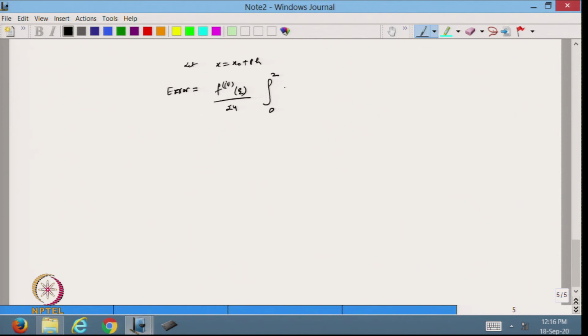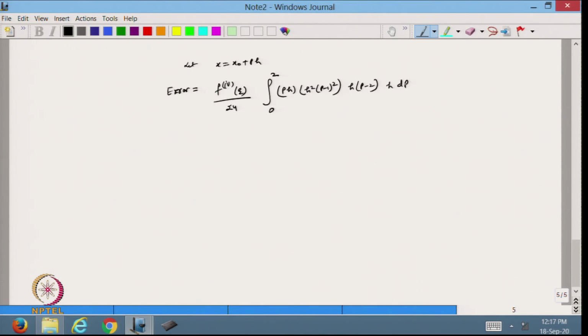Now, x minus x0 is ph, then x minus x1 whole square, so it is h square (p minus 1) square, and then h(p minus 2), then h dp.